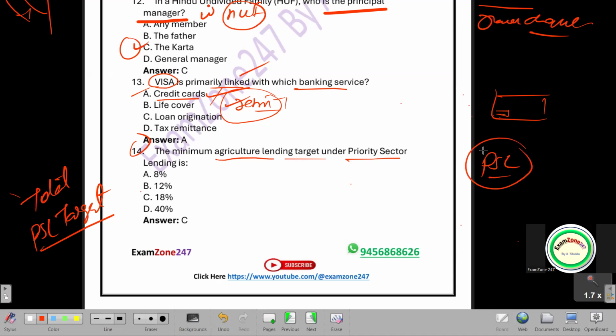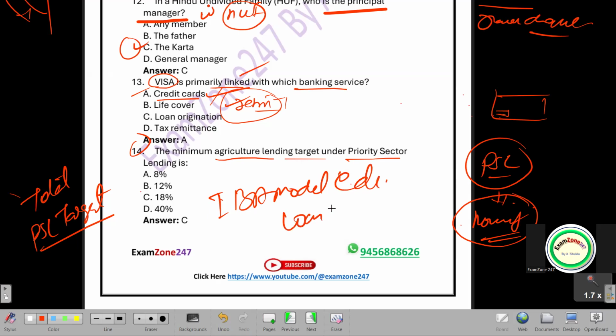Earlier very few questions were asked, but this year priority sector guidelines have been revised, especially on housing. You must go through it and study the IBA model education loan scheme. I have already shared the PDF related to educational loan and collateral requirements. Whatever you are doing in day-to-day banking is very important for the exam.